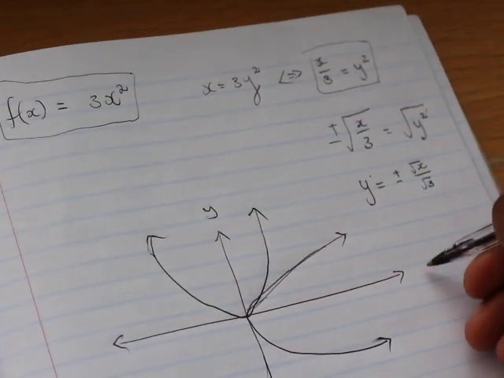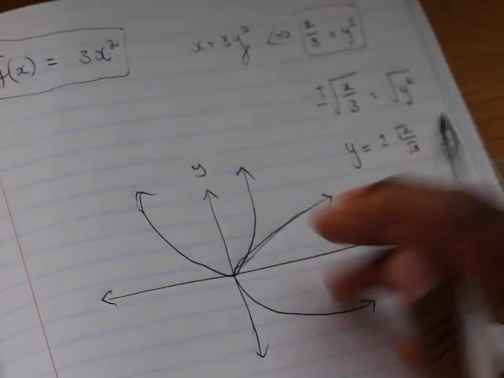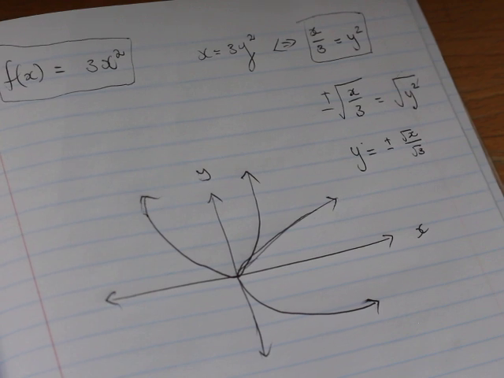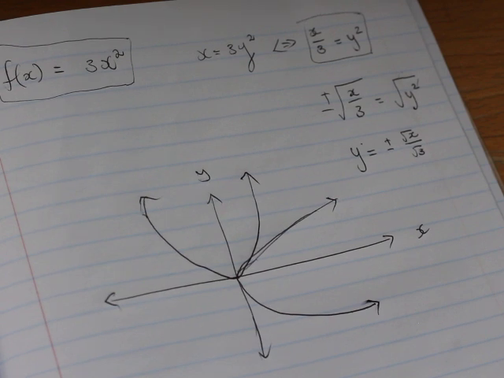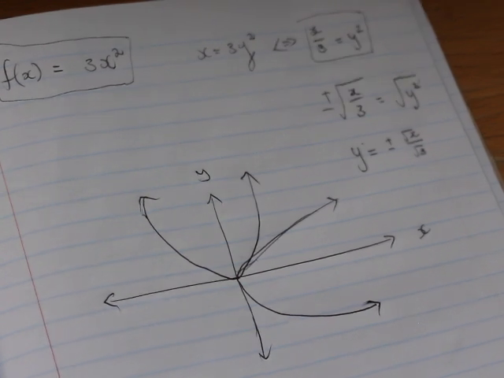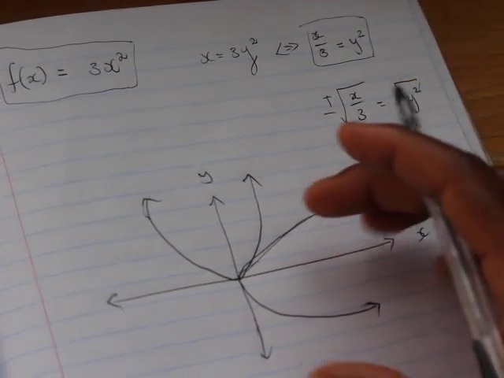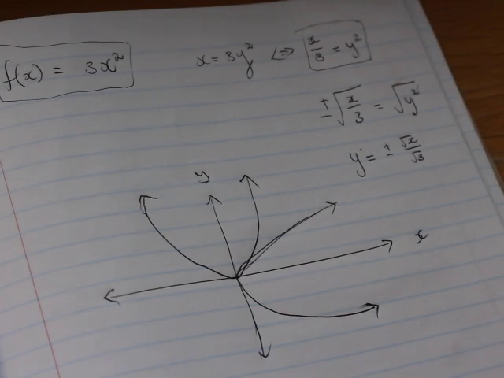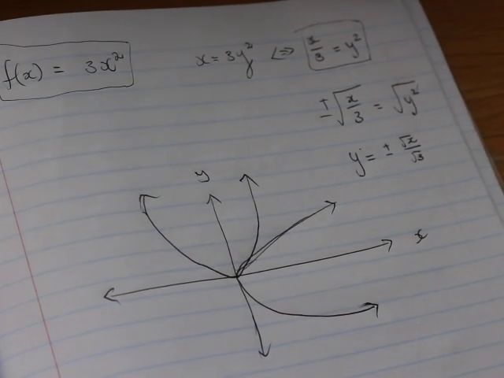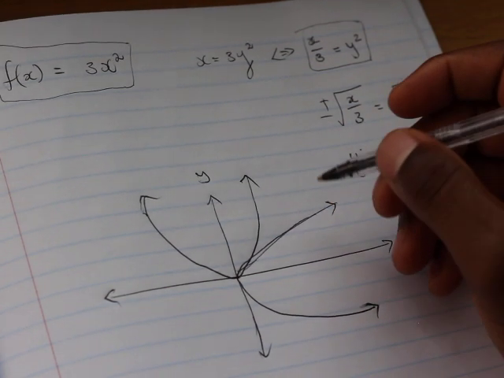So this is y, this is x, but it needs to be facing positive infinity for x. It needs to be facing this side. It's not the same function.